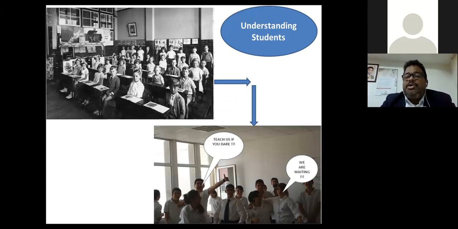So first of all, we need to understand the students where we do a mistake. It's when we are a student, we know that there was a different environment, respect towards teachers, some kind of Gurukul environment.